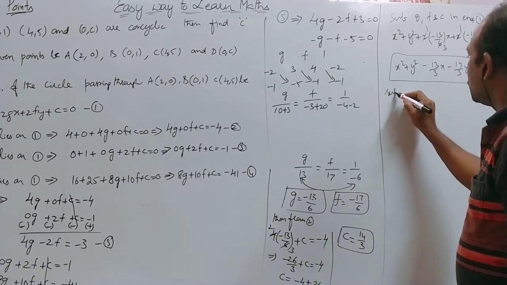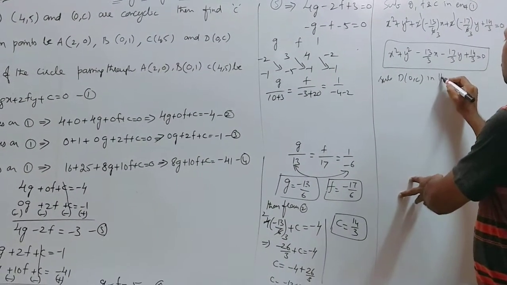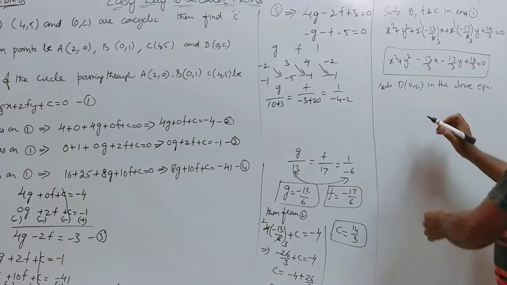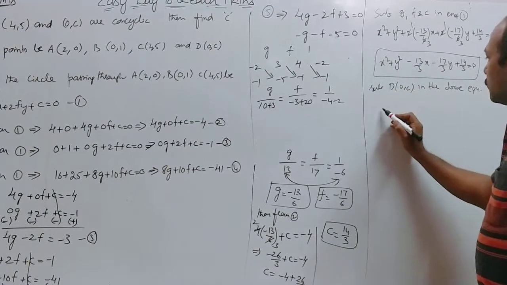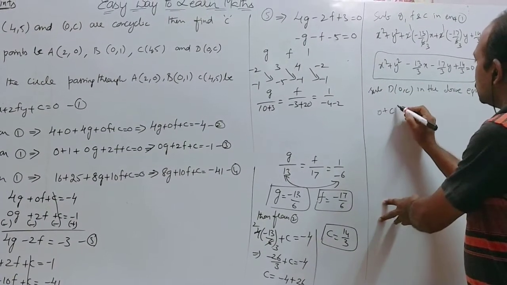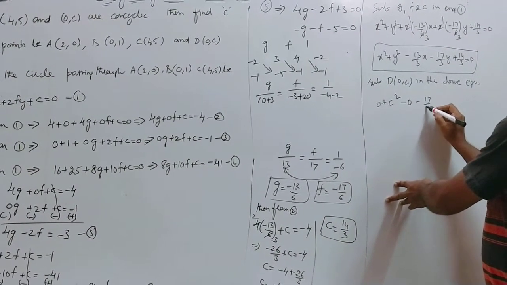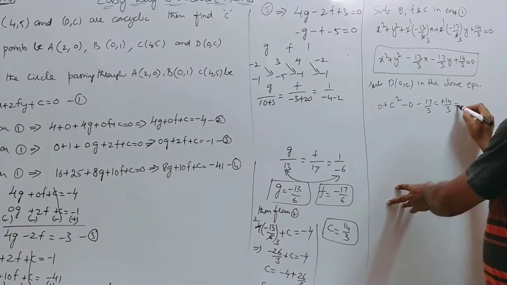Substituting D (0, c) in the above equation. That is, in place of x you have to substitute 0 and in place of y you have to substitute C. Therefore, 0 plus C square minus 0 minus 17 by 3 C plus 14 by 3 is equal to 0.